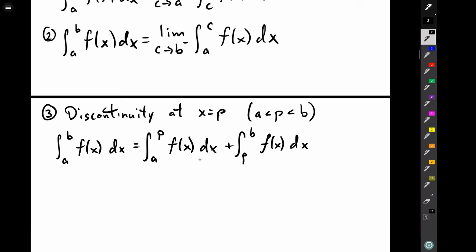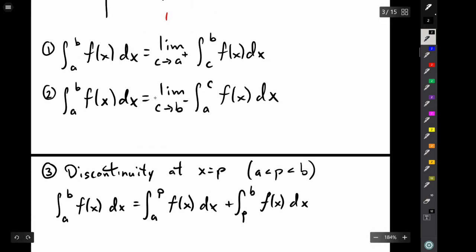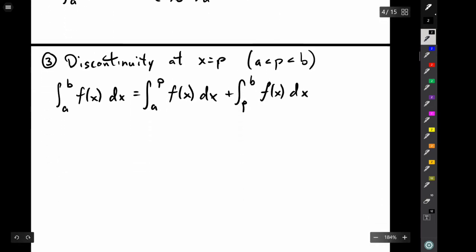Now each of those pieces is one just like this. And so here we could say that the first one is the limit as c goes to p from the left, sorry, not the right. This one's from the left, of the integral from a to c, f of x dx, plus the limit.